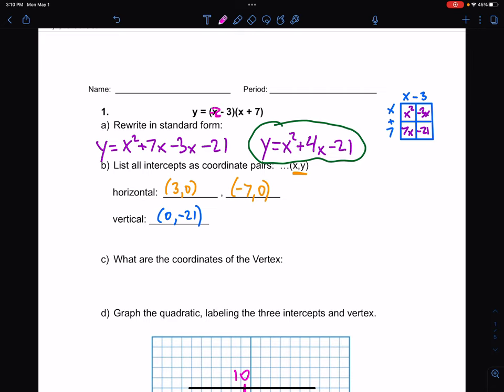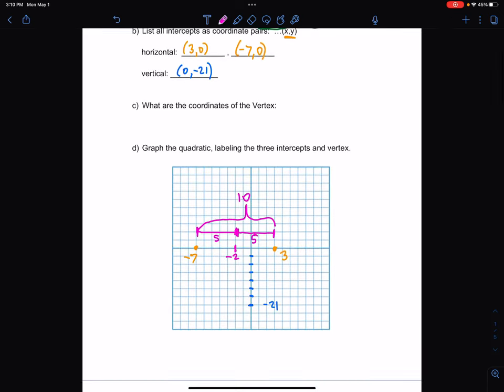When x is negative 2, and x is negative 2. Negative 2 minus 3, I'm going to get negative 5. And negative 2 plus 7 is positive 5. So a positive times a negative is a negative. It's looking like y is going to be negative 25.